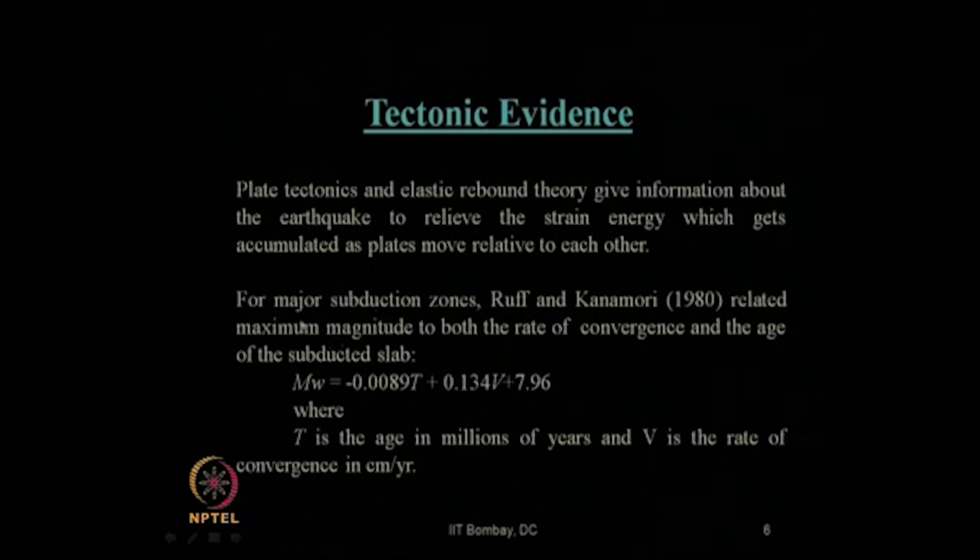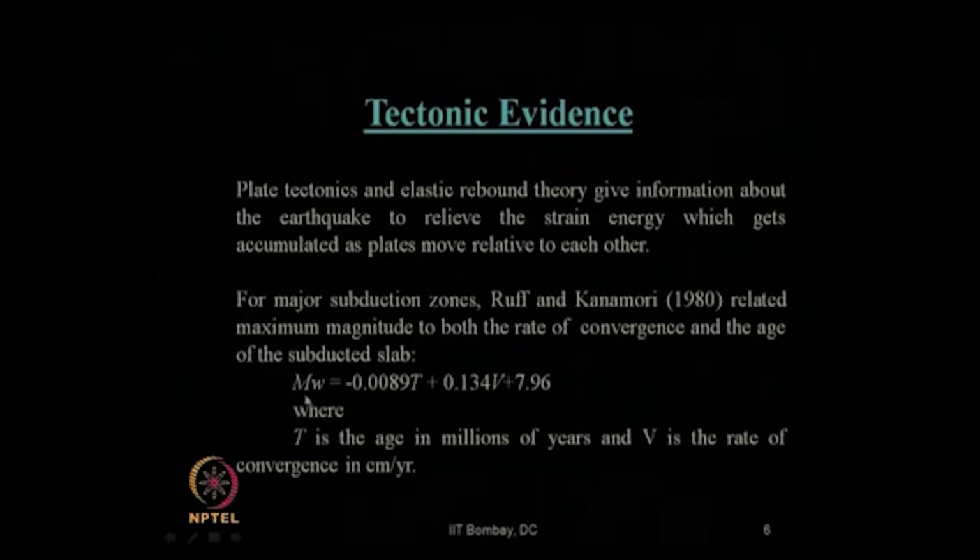Now, for major subduction zones, Ruff and Kanamori in 1980 related the maximum moment magnitude to both the rate of convergence and the age of the subducted slab. So, what is the equation proposed by Ruff and Kanamori?